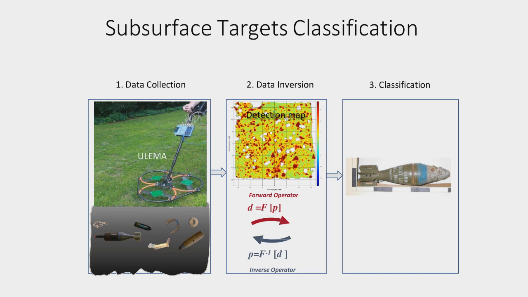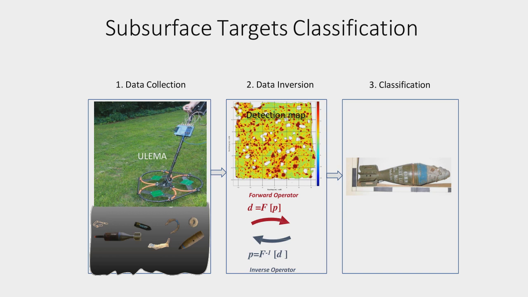So now, a brief description of the first part. When we have sensors, we collect data, and once we receive data, we can build a detection map. And here is a representative detection map using these EMI systems. Every hotspot there, these red dots, are potential targets.